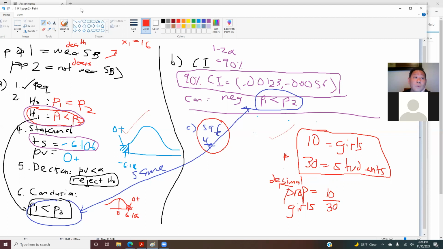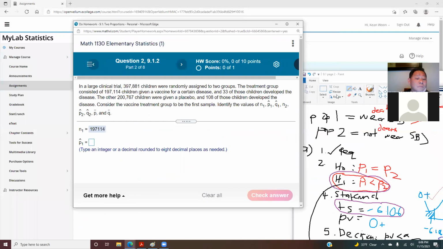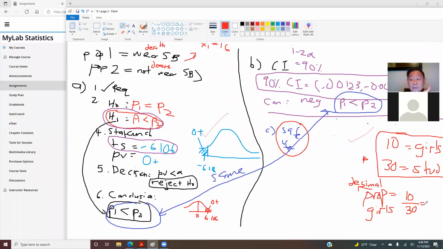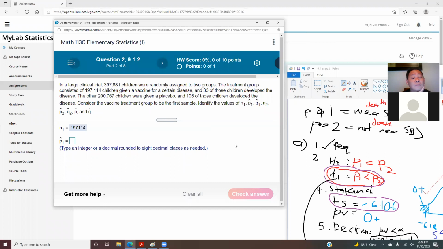So what is your proportion here? 10 divided by 30. These are decimals, right? Whatever you get on your calculator, that's your answer. But this is not 10 over 30. This is what over what? 187.